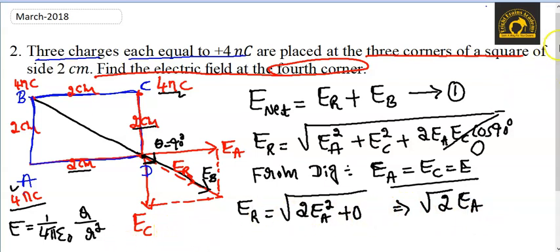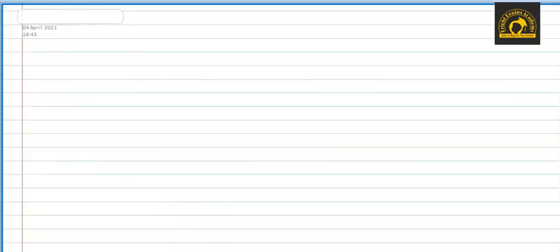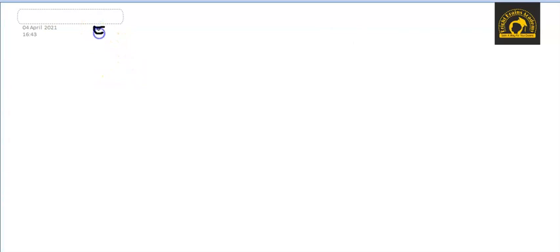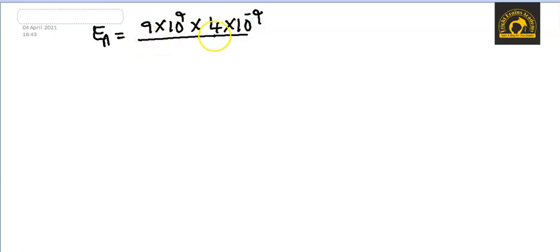EA is equal to 1 by 4 pi epsilon naught, that is 9 into 10 to the power of 9, into charge 4 nanocoulomb, 10 to the power of minus 9, divided by distance 2 into 10 to the power of minus 2 whole square.